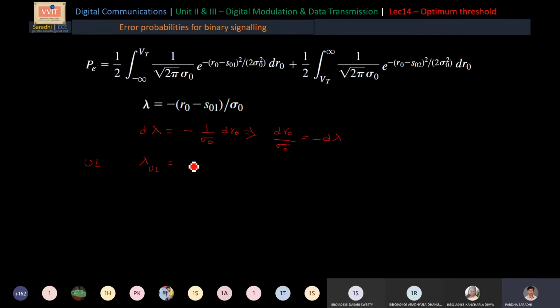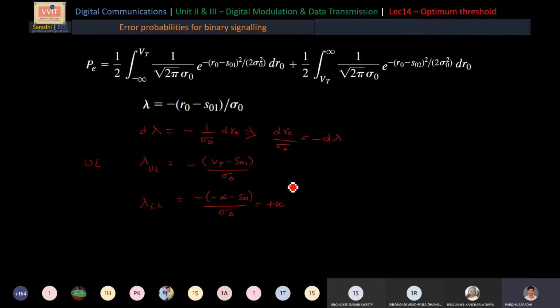Upper limit of lambda is minus Vt minus S01 divided by sigma naught. Lower limit is minus infinity, and that becomes plus infinity only.